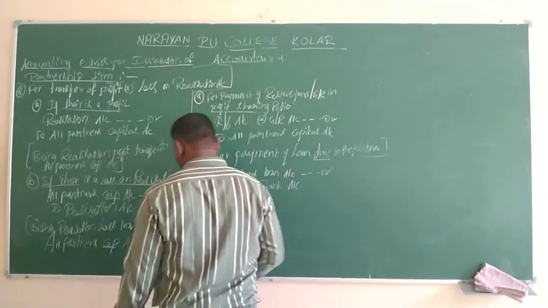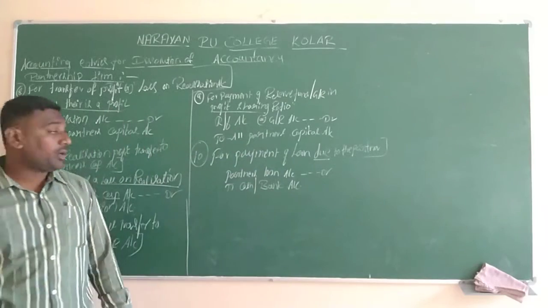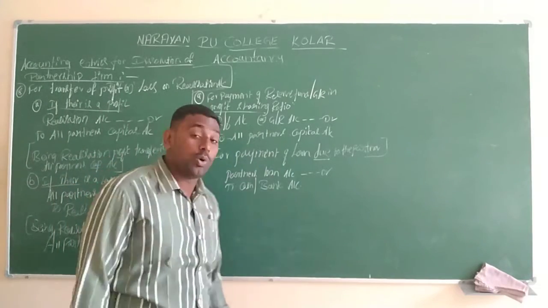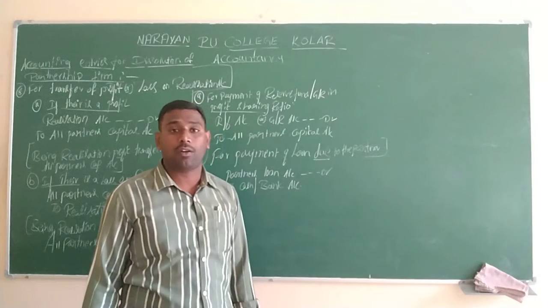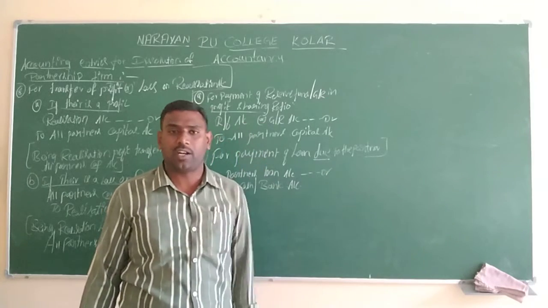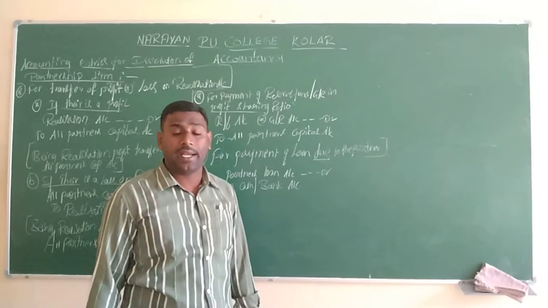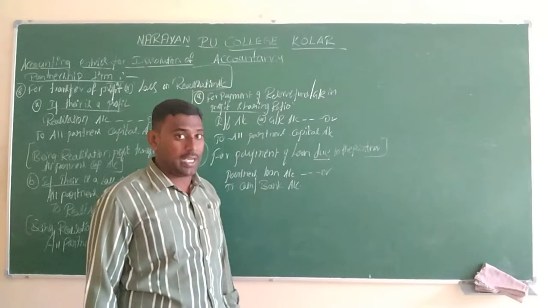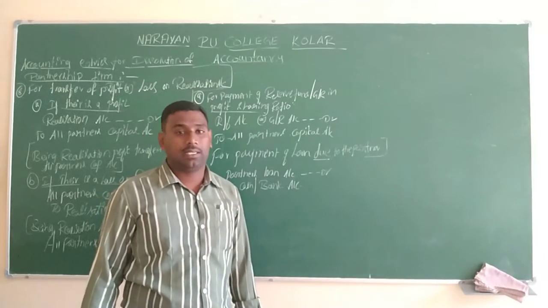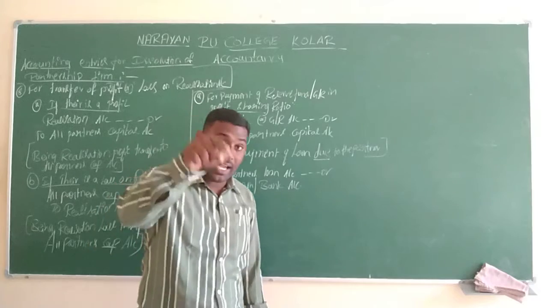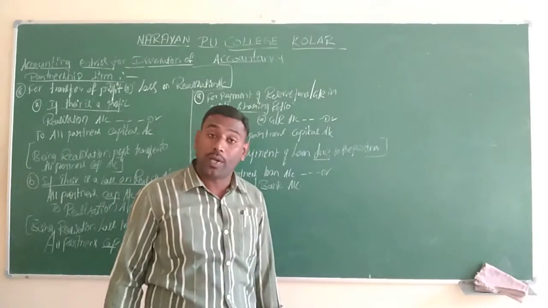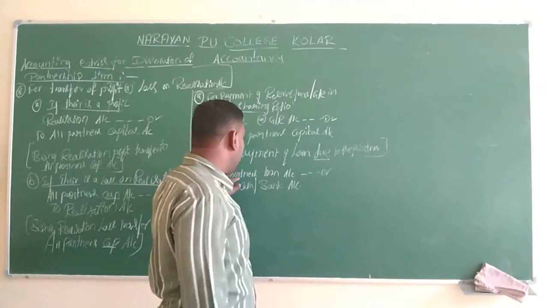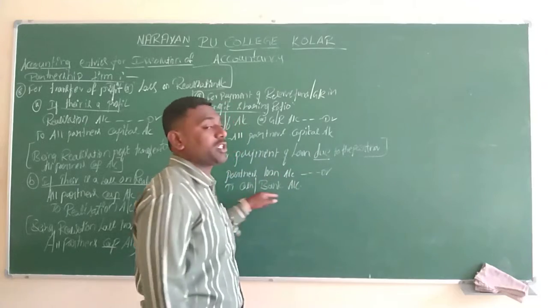The partner's loan amount is recorded on the debit side, the left hand side of the previous balance sheet under the heading liabilities. If A, B, C are three partners and A has given a loan to the company, then A's loan account debit to cash or bank account.